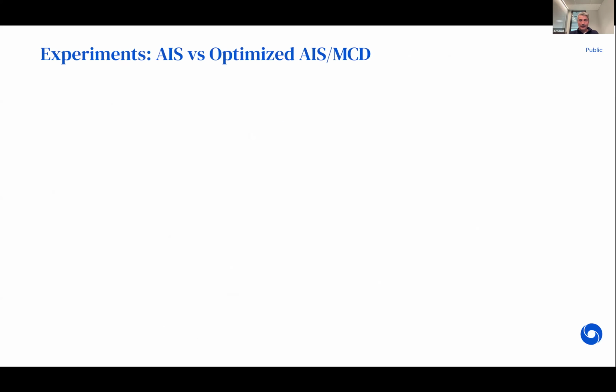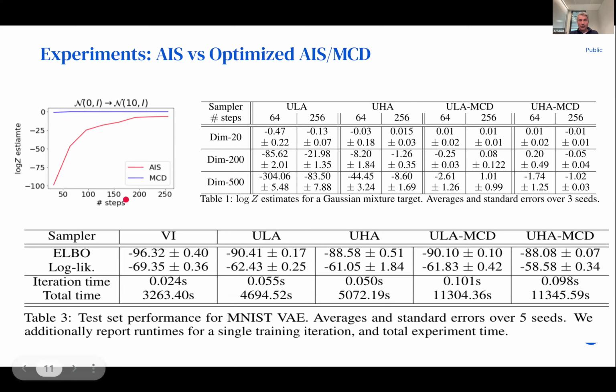I give you here an example where we compare this standard annealed importance sampling with this estimate, where we actually learn the extended target distribution so as to compute the unbiased estimate of the normalizing constant.